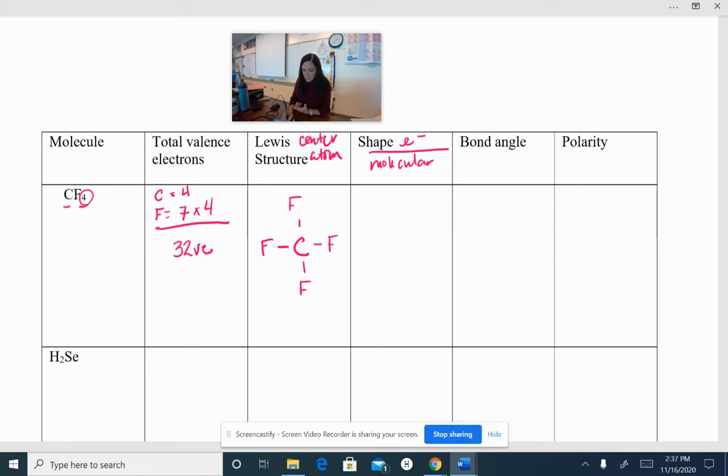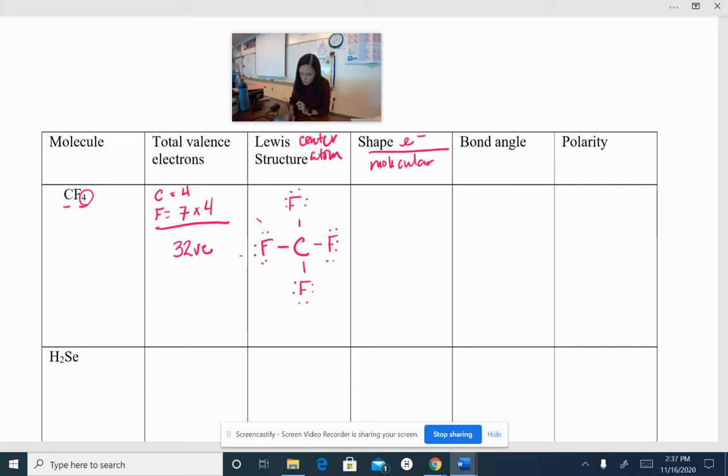I've used 8 electrons, so I still have 24 to place. 24 divided by the 4 fluorines is 6 electrons each. Each of the fluorines already has the 2 electrons from the bond, so they need 6 electrons, or 3 lone pairs, to satisfy their octets.